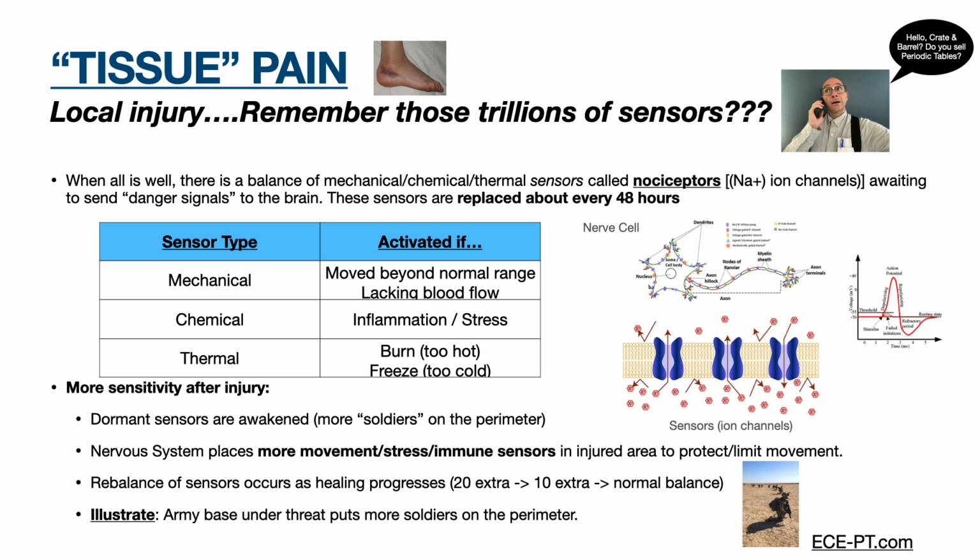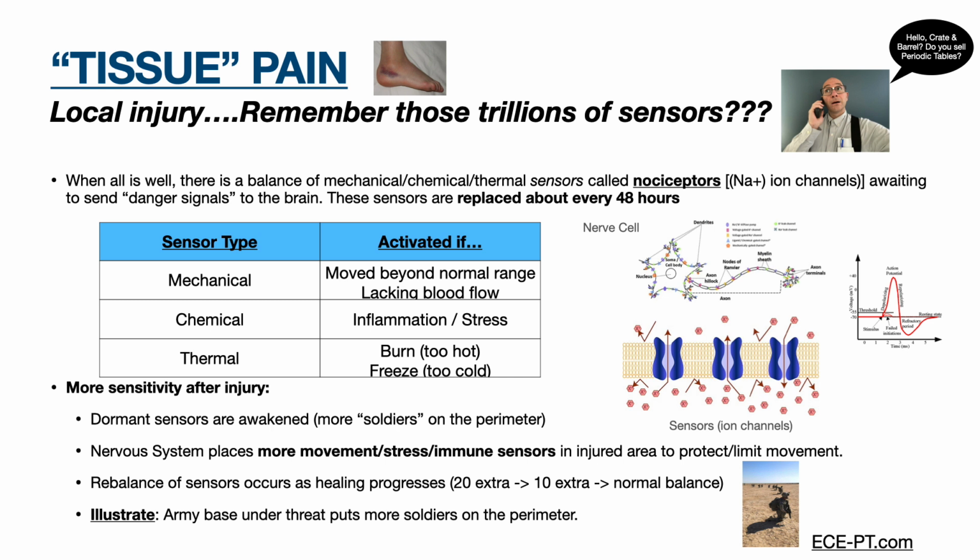And we mentioned that there's three general types: mechanical sensors, chemical sensors, and thermal sensors. When all is well, we have a good balance of these sensors, and they're waiting to send danger signals to the brain. Here's an amazing fact. These sensors only live for about 2 days, and then they have to be replaced.